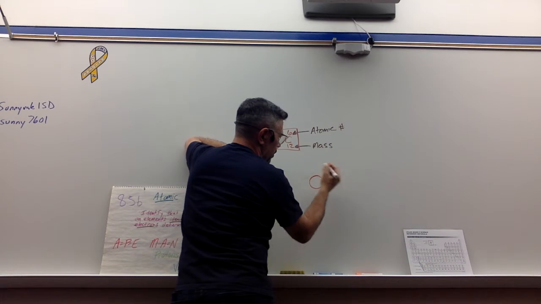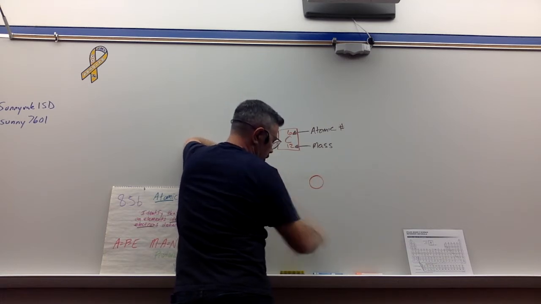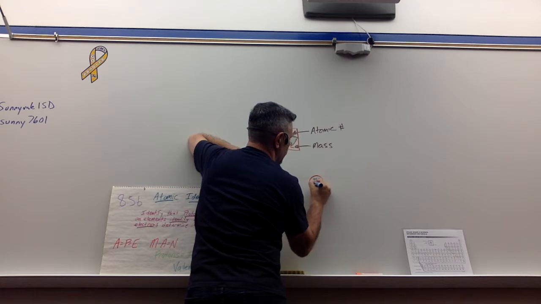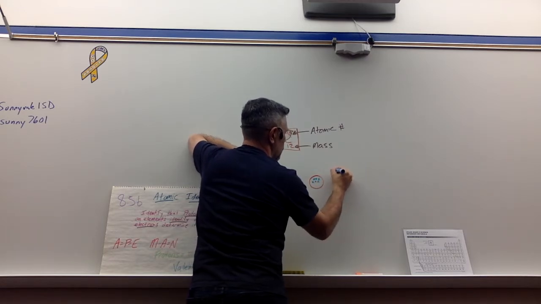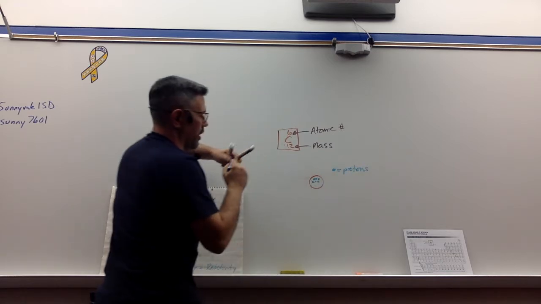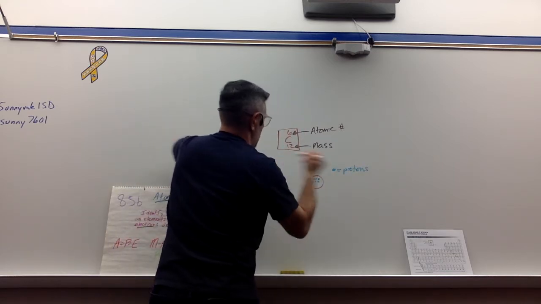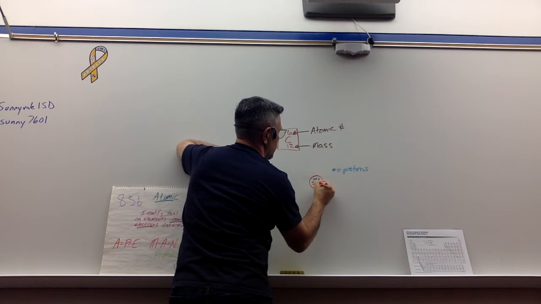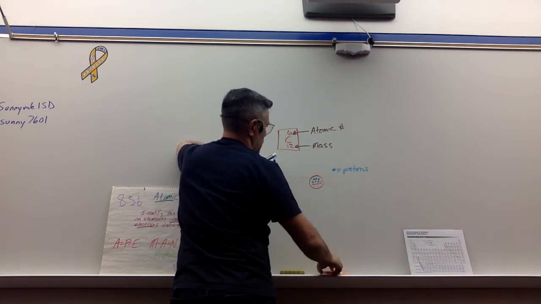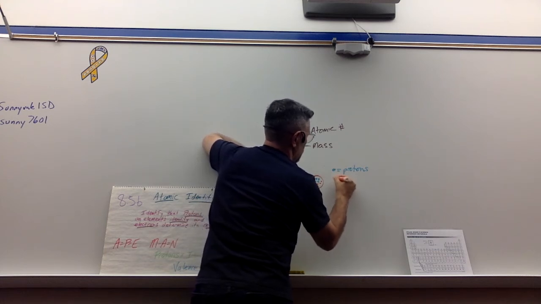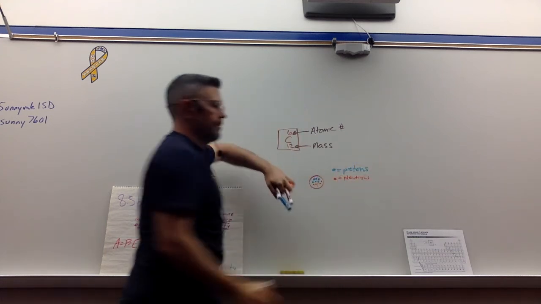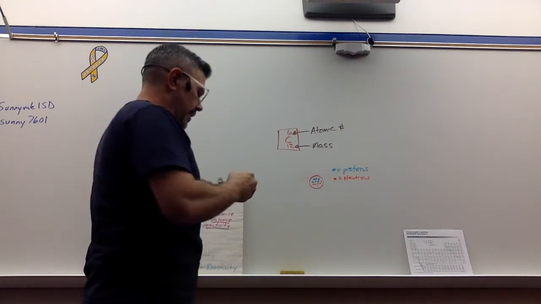This is just for drawing purposes. We have 6 protons, 1, 2, 3, 4, 5, 6, and we also have 6 neutrons, 1, 2, 3, 4, 5, and 6. That's inside the nucleus of our atom.